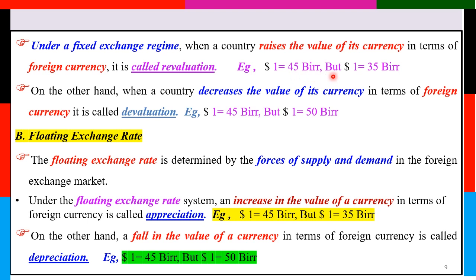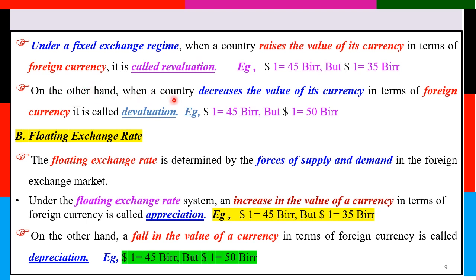But when the Ethiopian government wanted to revaluate the Ethiopian birr, or increase its purchasing power, the government decides to convert $1 US into 35 Ethiopian birr. At that time, the Ethiopian birr is revaluated, or up. This means its purchasing power, or its ability to buy something, is increasing.